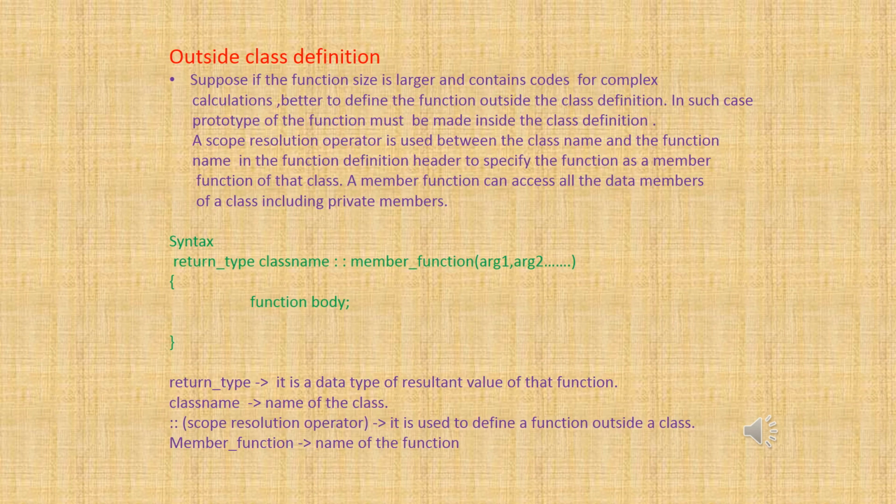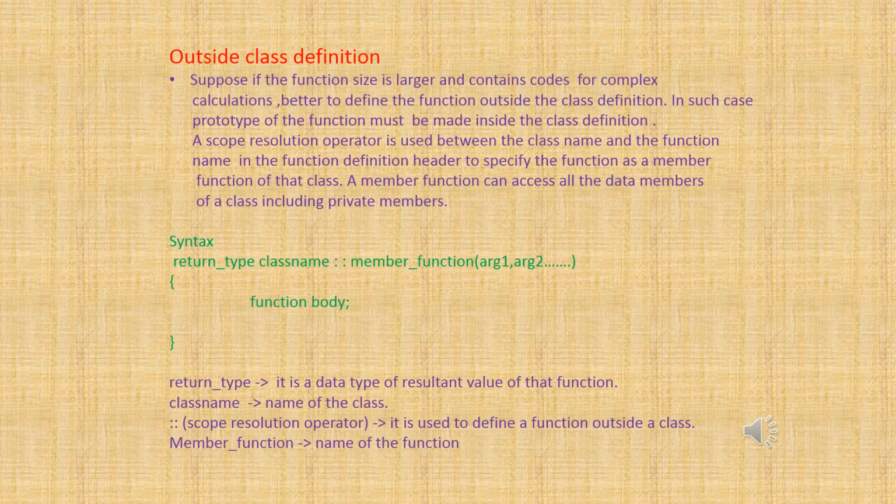After a member function is declared inside the class, it must be defined outside the class in the program. To define a member function outside the class definition, the scope resolution operator is used between the class name and member function. Only the scope resolution operator identifies the function as a member of a particular class. The two colons are called the scope resolution operator.